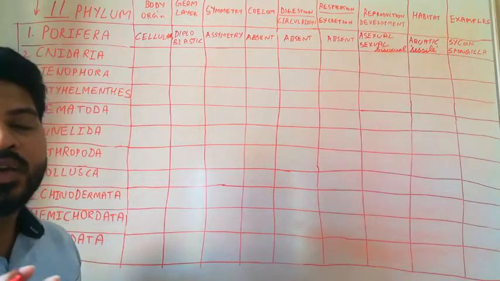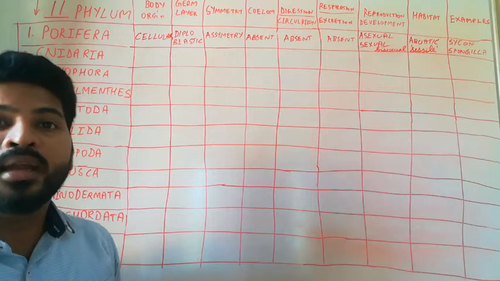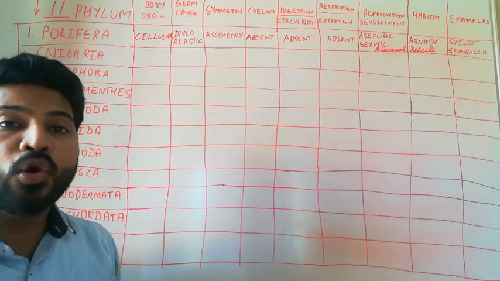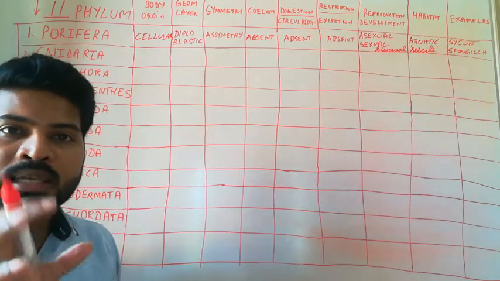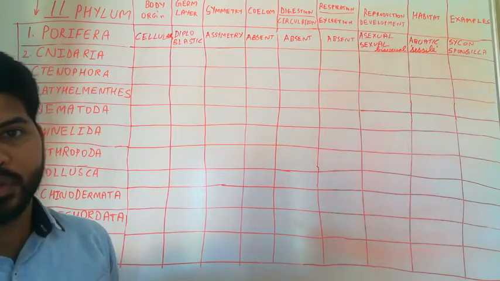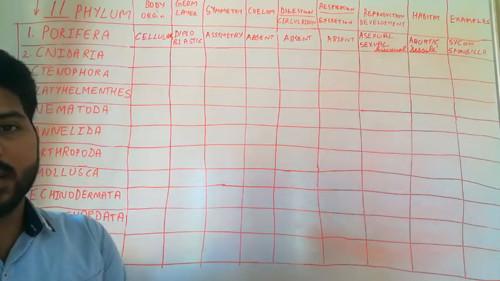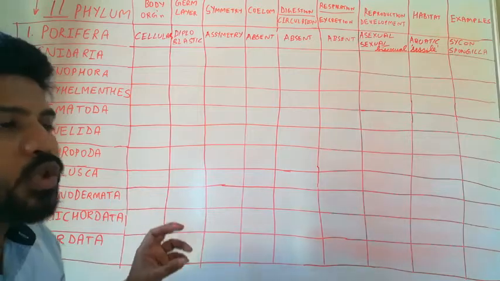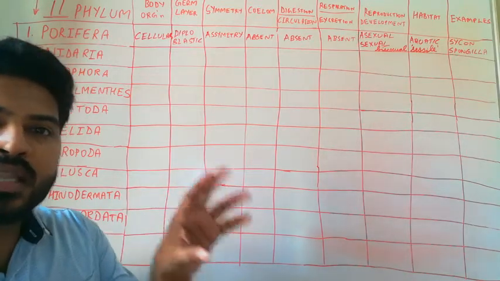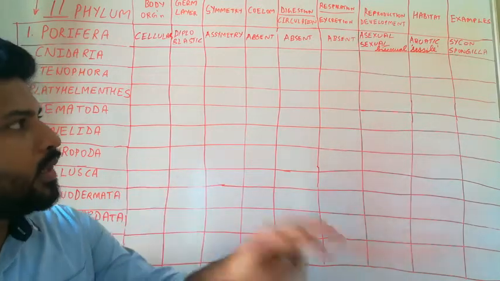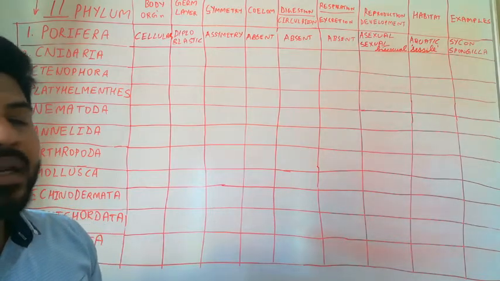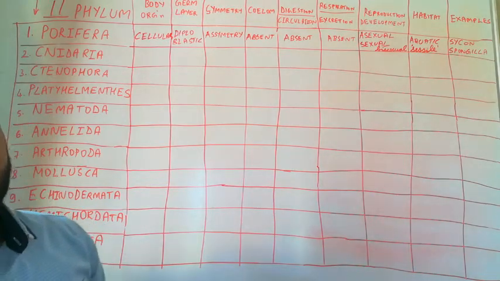These cells help in defense, in locomotion, as well as in capturing food. So these are important cells called cnidoblasts, also called stinging cells. They attack the prey and help in the defense mechanism, and also in movement.